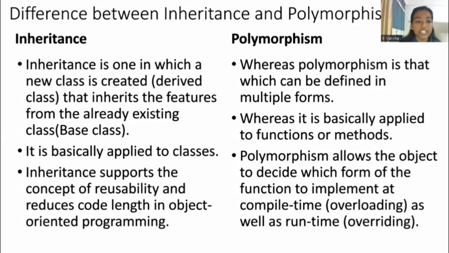Hence, inheritance is basically applied to classes, whereas polymorphism is basically applied to functions or methods. Inheritance supports the concept of reusability and reduces code length in object oriented programming. Whereas polymorphism allows the object to decide which form of the function to implement at compile time, which is overloading, as well as runtime, which is overriding.